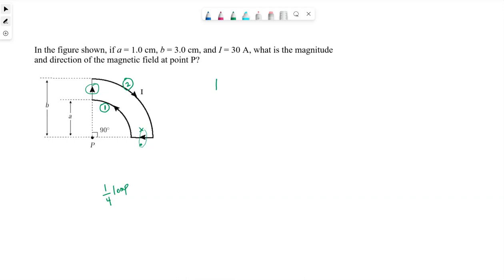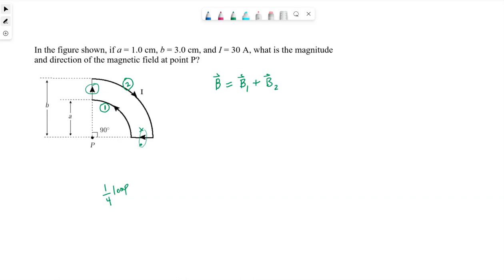So the overall magnetic field at point P will be the field due to the curved segment 1 plus the field due to curved segment 2.